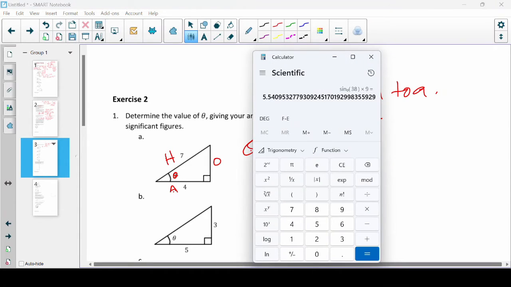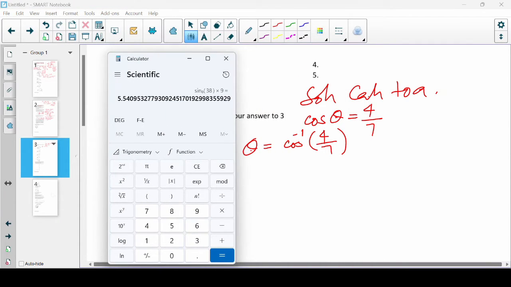We can use the calculator to find the cos inverse. First 4 divided by 7 gives us this fraction. Now in the trigonometric functions on your calculator, if you press the second option, you have sine inverse, cos inverse, tangent inverse, and here you can just press cos inverse.